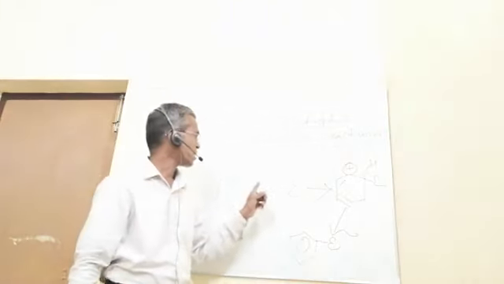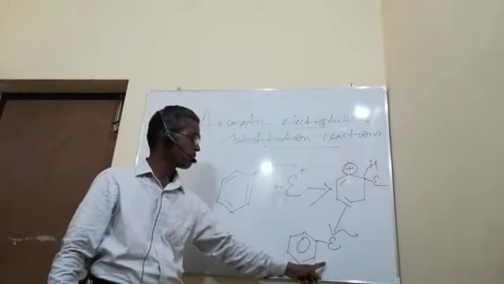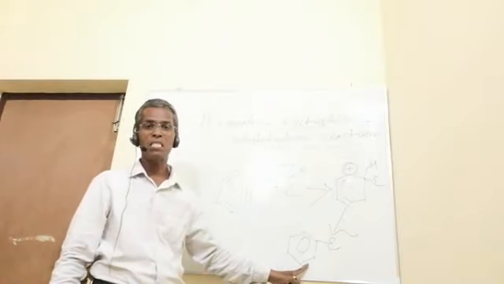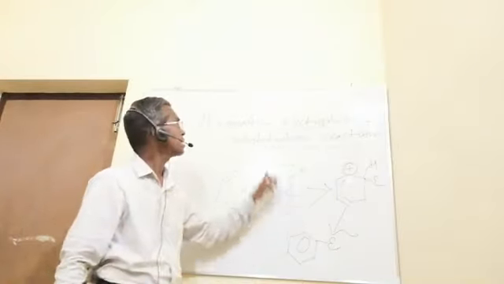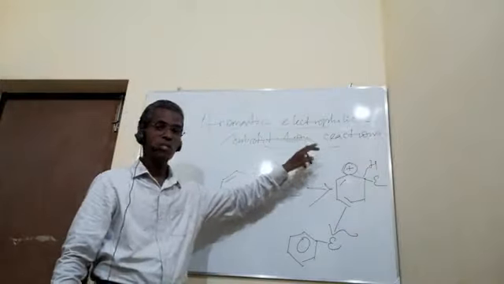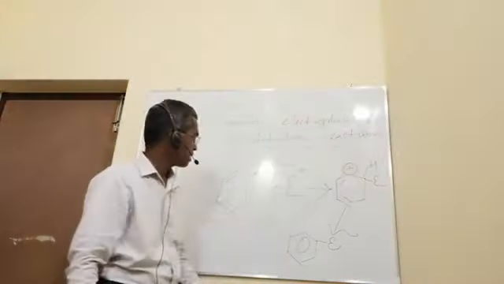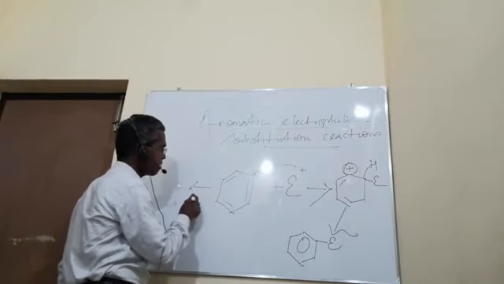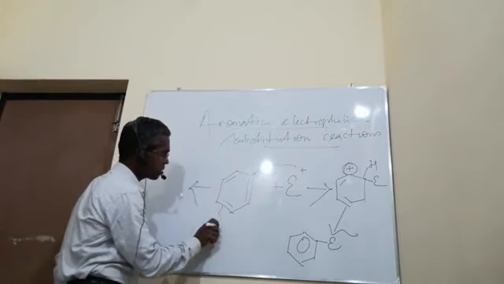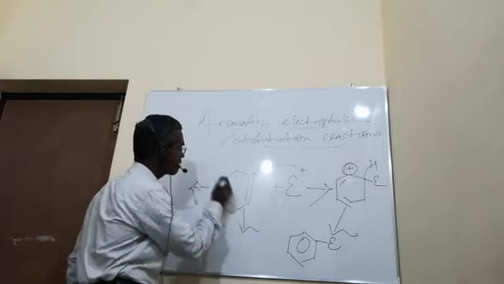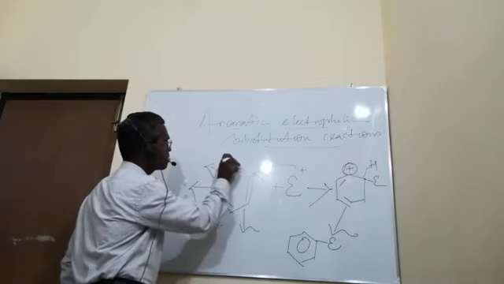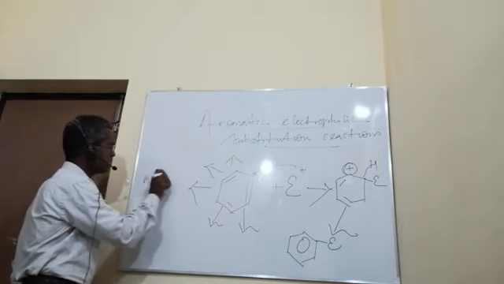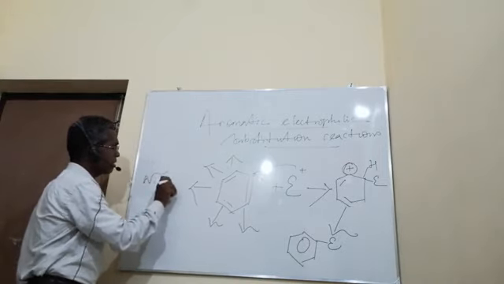Therefore, this reaction in which benzene is converted to an electrophile-substituted benzene is called aromatic electrophilic substitution reaction. As far as benzene is concerned, we have a number of electrophilic substitution reactions. Say for example, nitration.